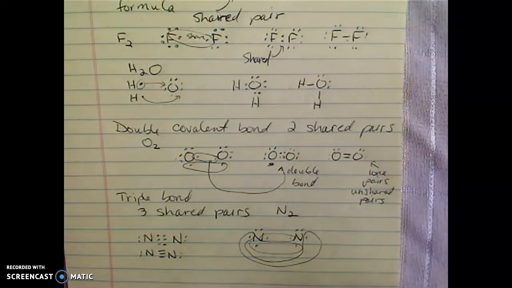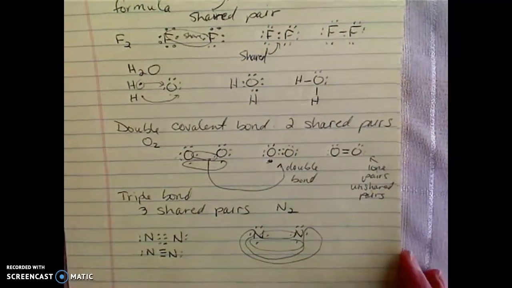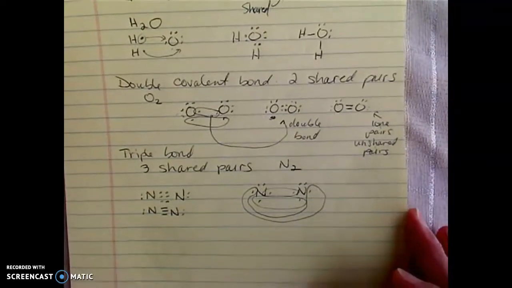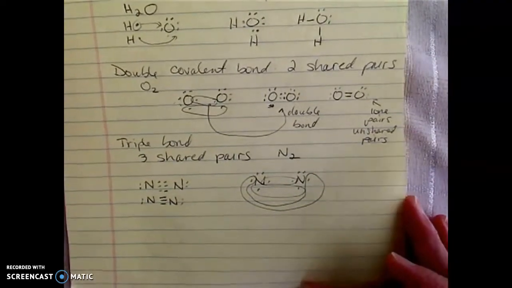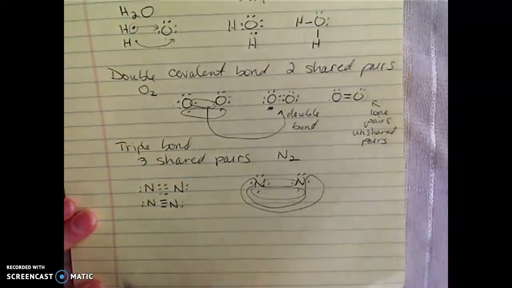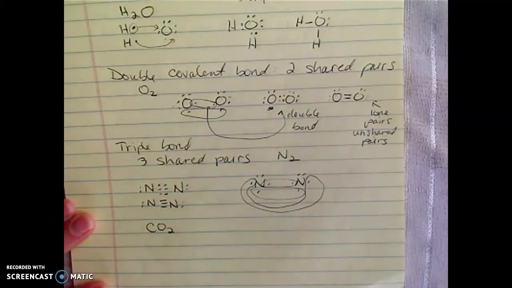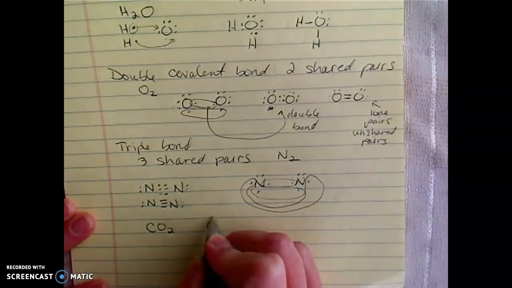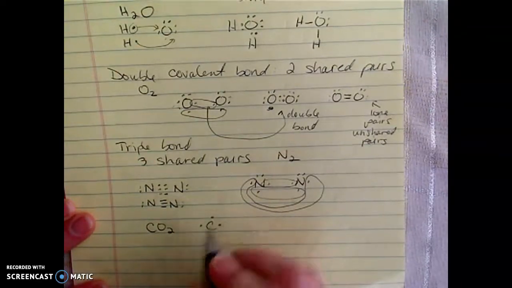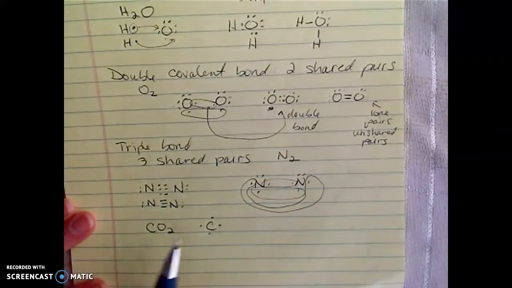Now that you've seen single, double, and triple bonds, and you know to use the dot structures, you can start predicting how these are going to arrange, what their dot structures will be for any kind of compound. So let's take a look at carbon dioxide. How will they come together? Again, the first thing you're going to do is look at your carbon. And we had talked about bonding capacity before. Carbon has a maximum bonding capacity of 4. It could bond with 4 things.